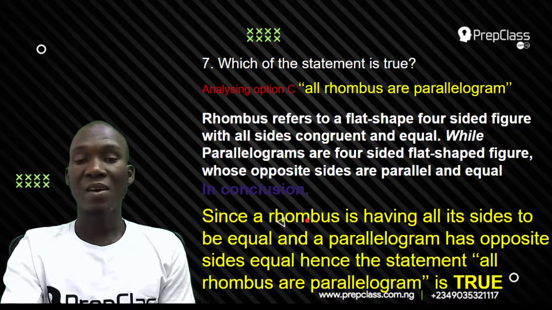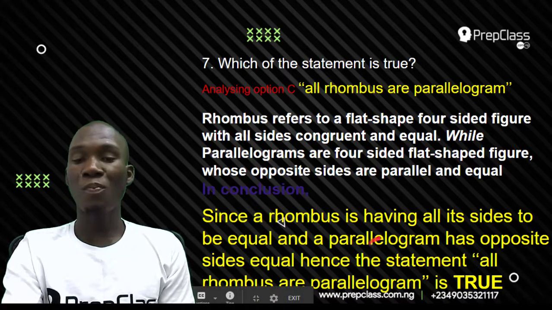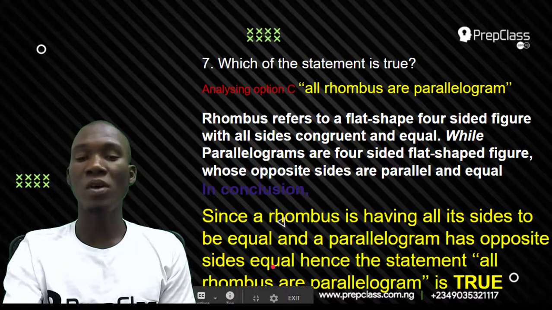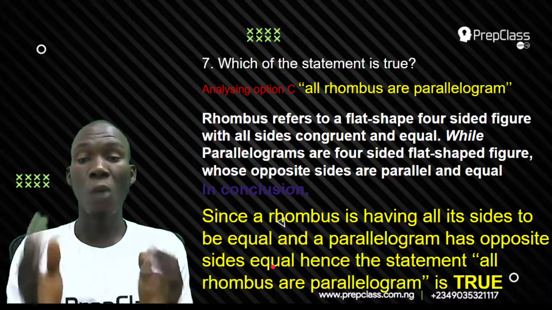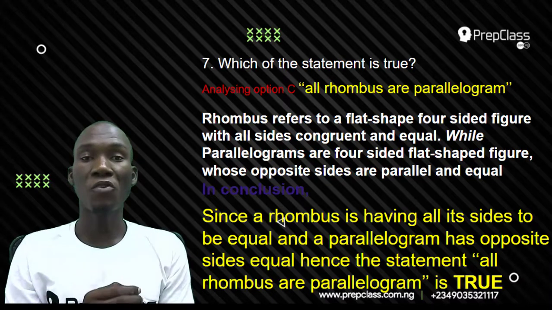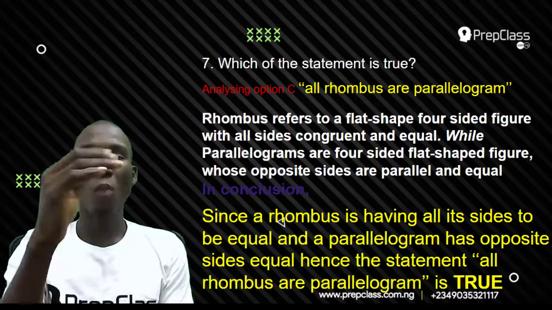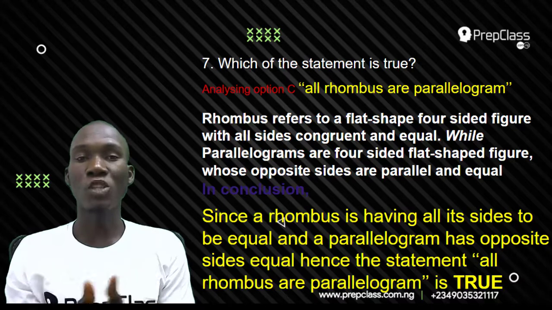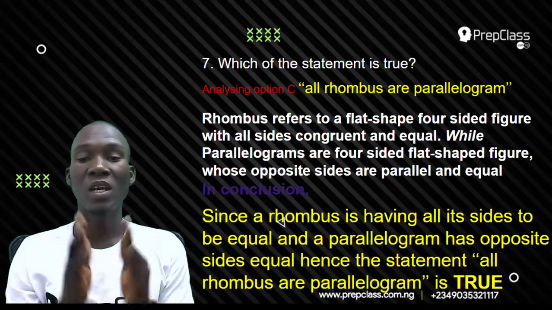So, since a rhombus has all its sides equal and a parallelogram has opposite sides equal, the statement all rhombuses are parallelograms is true. For a parallelogram, opposite sides are equal, and for a rhombus, all sides are equal. It means from a rhombus, we can say opposite sides are equal, and this satisfies the condition of a parallelogram to have opposite sides equal.